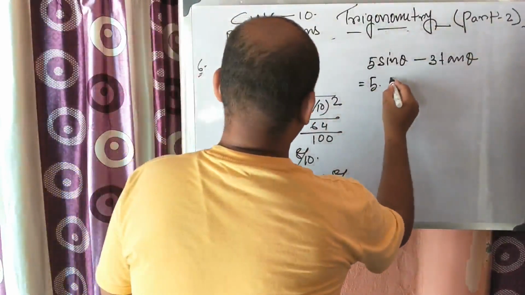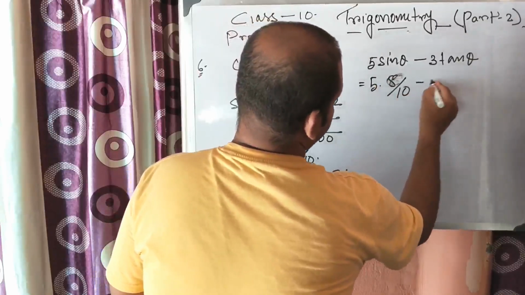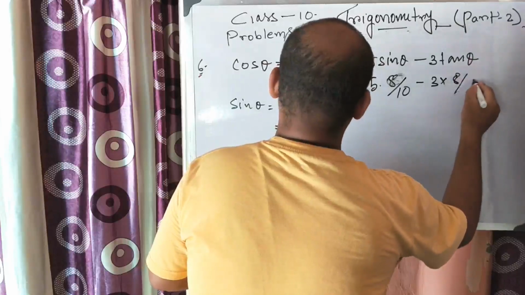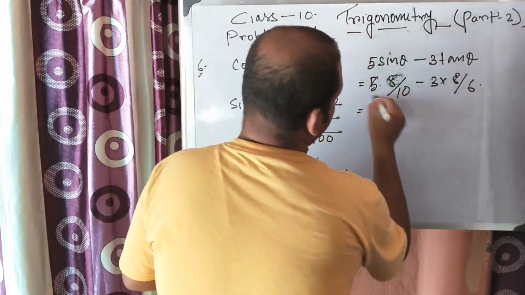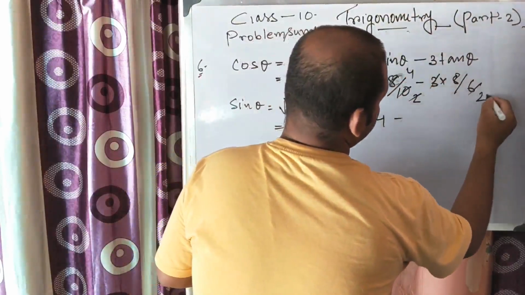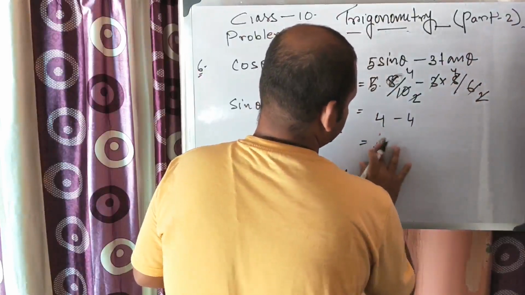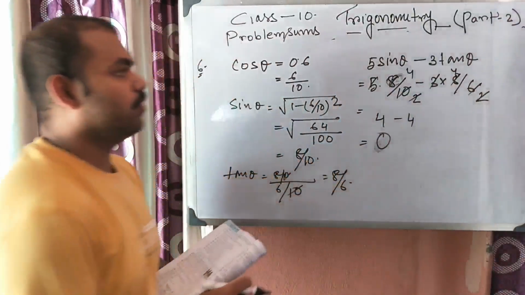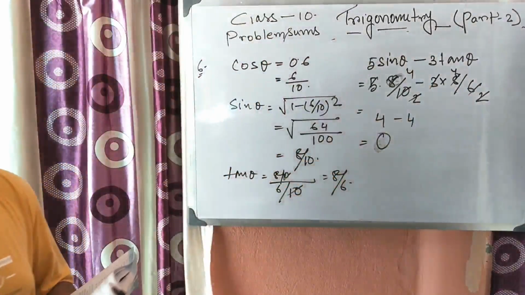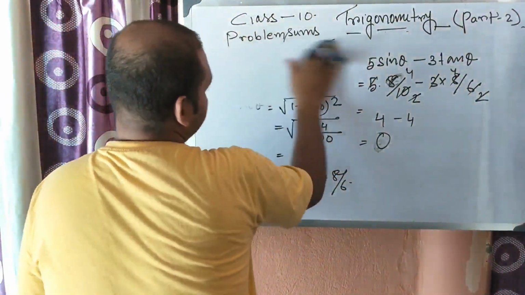Here the value of sin theta is 8 by 10 and the value of tan theta is 8 by 6. So 5 times 8 by 10 is 4, minus 3 times 8 by 6 is 4. So 4 minus 4 is equal to 0. The value of this is 0. Understand? Very easy. These sums are very easy.